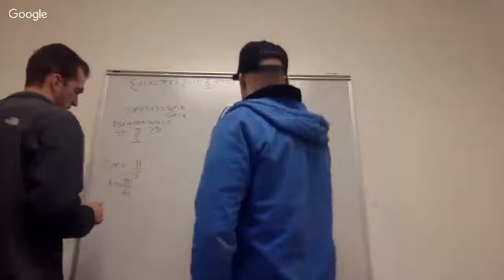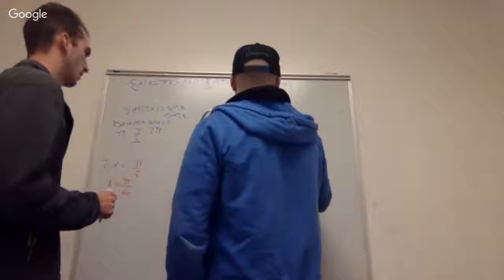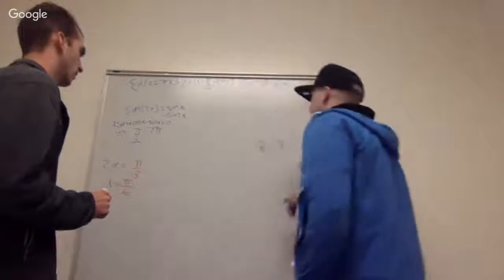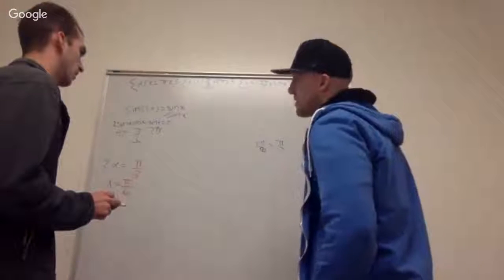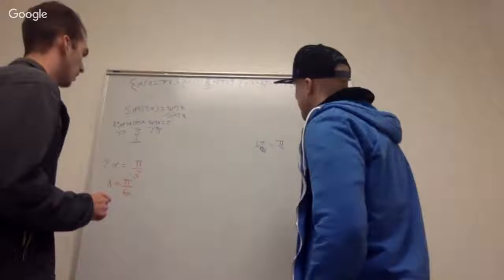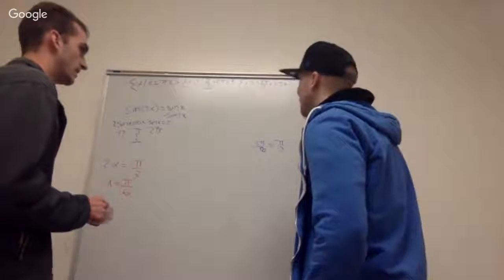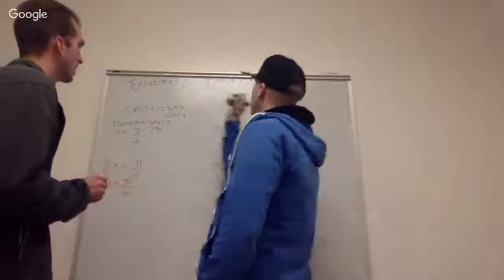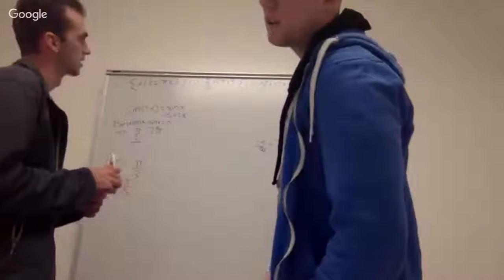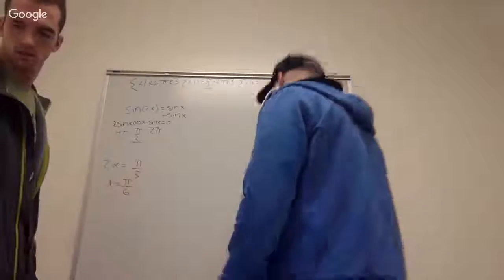Right, so what does 2 pi 6 equal? Yeah, I just don't get how it's pi thirds. What is pi thirds? Pi thirds equals root 3. It equals 1/2. Okay, I got it. I'm an idiot.